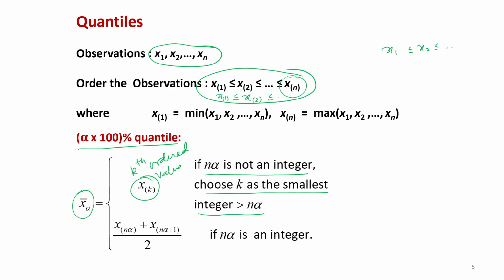The same definition is extended here: if n alpha is an integer, then the n alphath ordered value and the n alpha plus 1th ordered value, if you take the arithmetic mean of both, will give you the 100 alpha % quantile value, right.